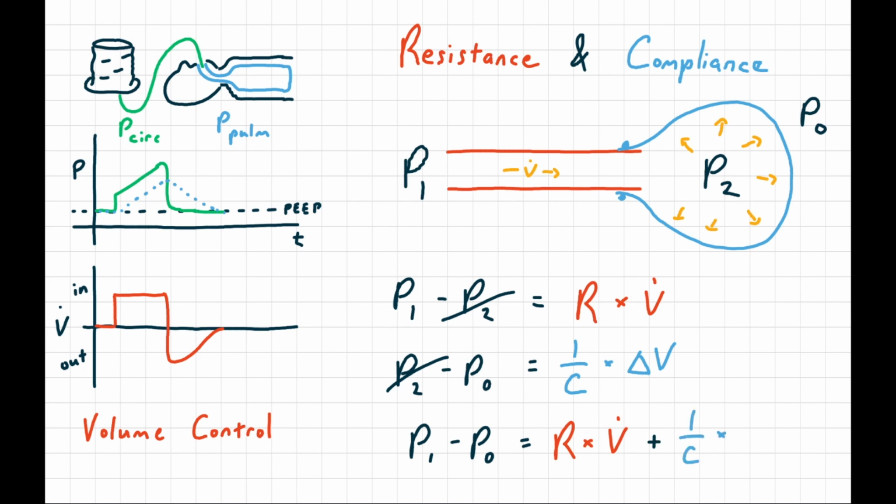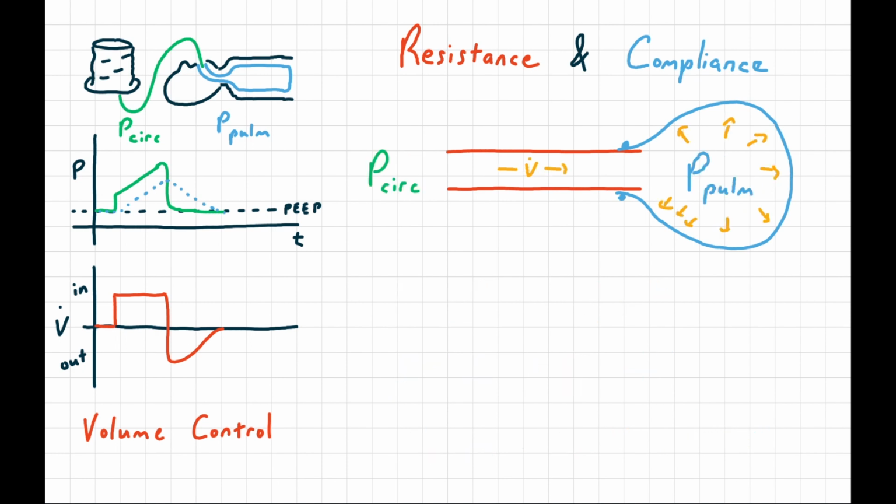So to simplify all of this and get rid of all the P1s and P2s, let's look at this with the variables that we're used to. Your circuit pressure is equal to resistance times volume flow plus 1 over compliance times volume distension of the lungs.